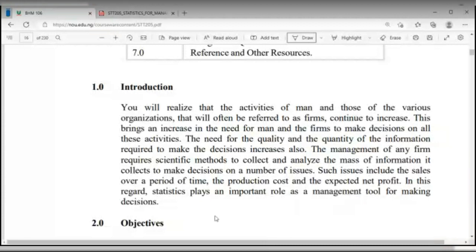Now, the management of any firm requires scientific methods to collect and analyze this mass information it collects to make decisions on a number of issues. So today, there's a lot of information everywhere. Okay, so the challenge now is on how to gather them properly, how to arrange them, how to sort them out so that it will be clear to whoever is making use of them.